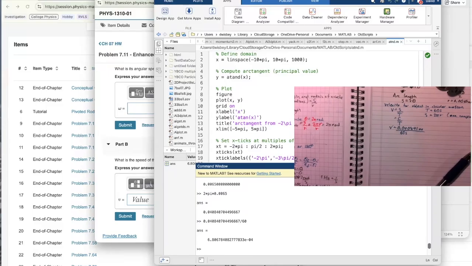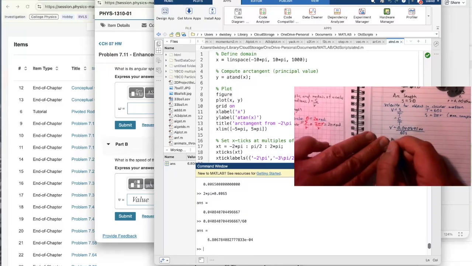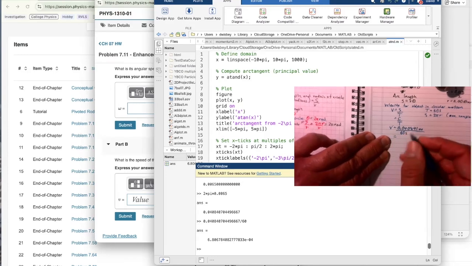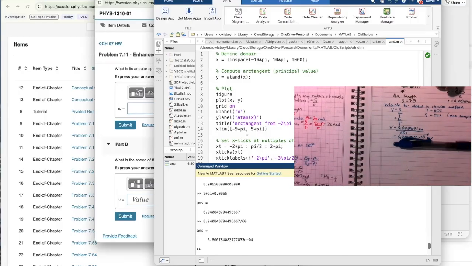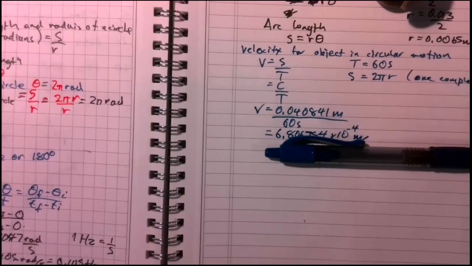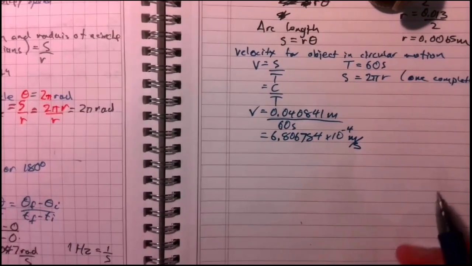So that gives us a velocity of 6.806784 times 10 to the minus 4 meters per second. All right, so there's our answer.